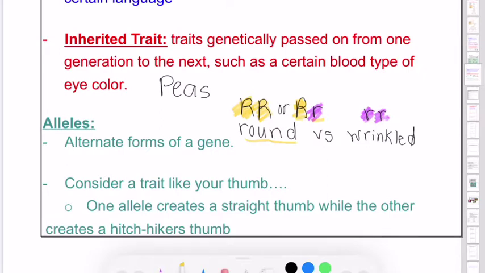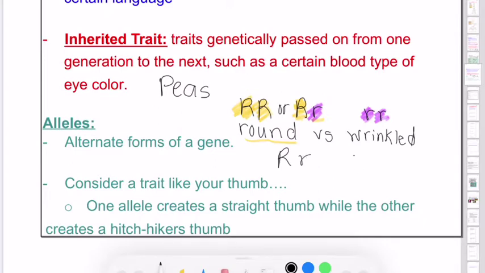Something that people might sometimes do is write big R for wrinkled and W for round and wrinkled. We need to always keep the same letter. If we're talking about the same trait, whether you're round or wrinkled, so smooth or wrinkled, sort of the texture of it, then you're going to use only one letter, the big form and the little form.